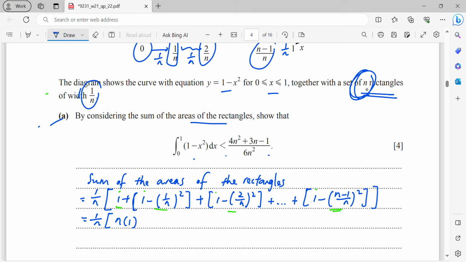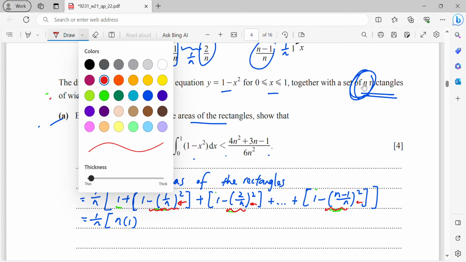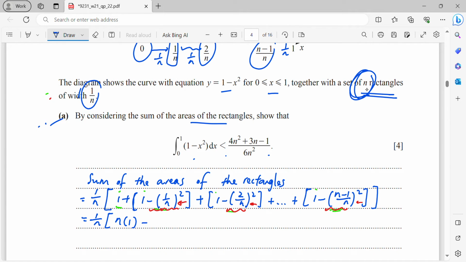And at the same time, I need to consider all the remaining terms, because I have considered all the 1s there. The terms highlighted by the red color here will all be negative, and at the same time the denominator is always n squared, so I will factorize that. From here, I will take out the minus first.